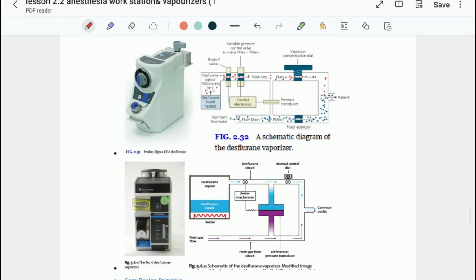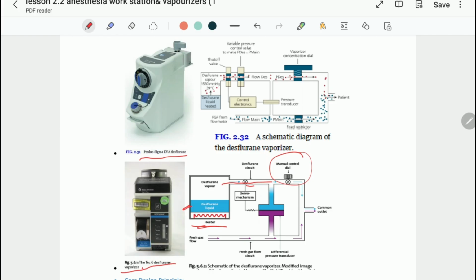These pictures show the schematics of a desflurane vaporizer. This is a Penlon Sigma Eva desflurane, and this is a Tec 6 desflurane vaporizer. This is a schematic showing the desflurane vaporizer. There is a heater for the desflurane liquid, which goes into the desflurane circuit.